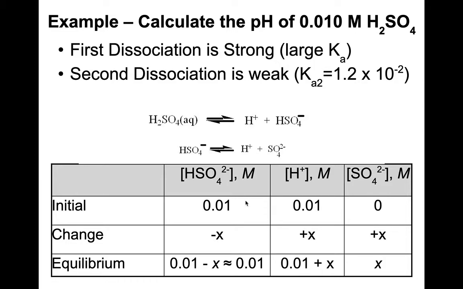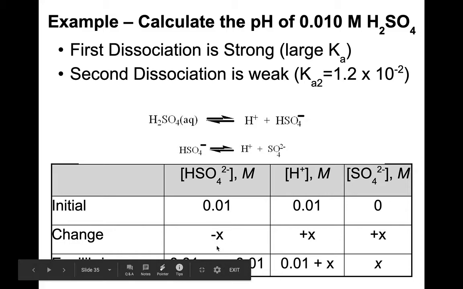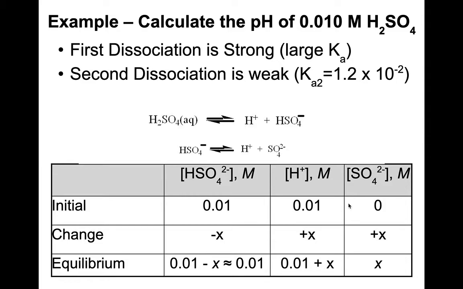And then just like before, we'll fill in our unknown to be x. We're not sure how much of this is dissociating. We're not sure how much it's going to change by, but we'll just assume it goes down by some amount x. And likewise, then these each have to go up by that same amount. If one of these breaks up, or if x number break up, x number have to be created.